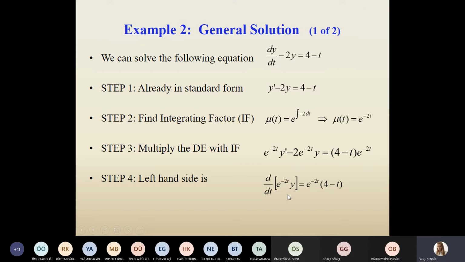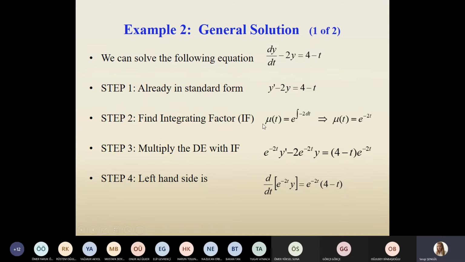Okay, and this is another example. This is our differential equation. As you can see, this is already in standard form because the coefficient of the derivative term is 1. So already in standard form, this is what I have: y prime minus 2y equals 4 minus t.